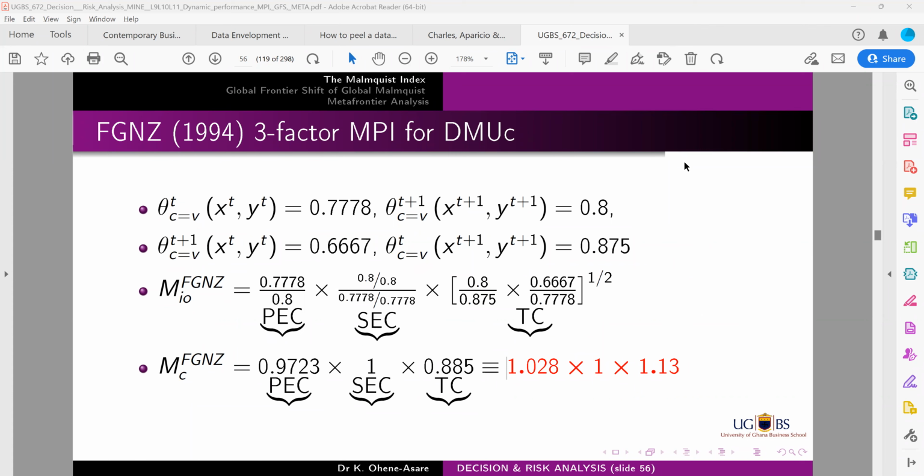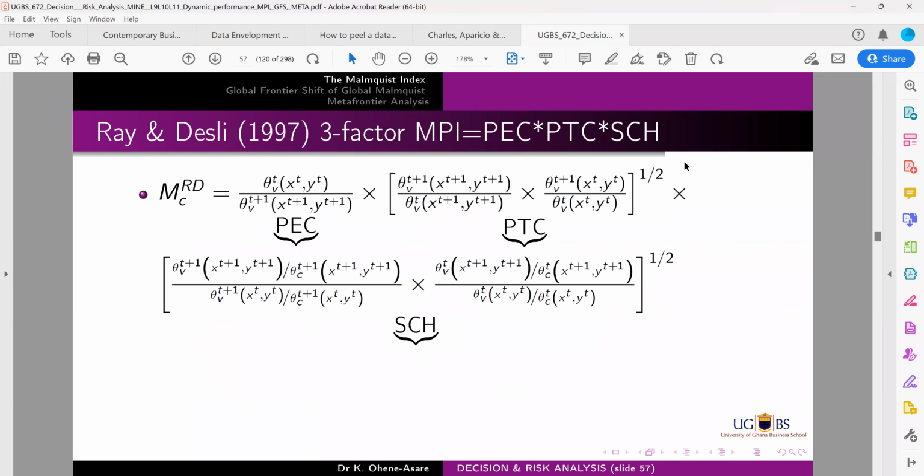Well, Ray and Desli came into the picture to correct that problem and indicated that once you have introduced VRS into the efficiency change, you have to introduce the VRS into the productivity and the technological change.